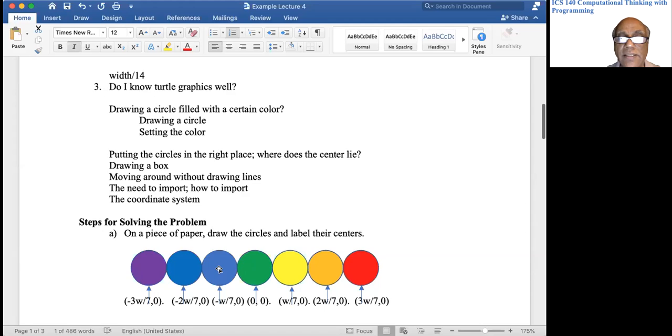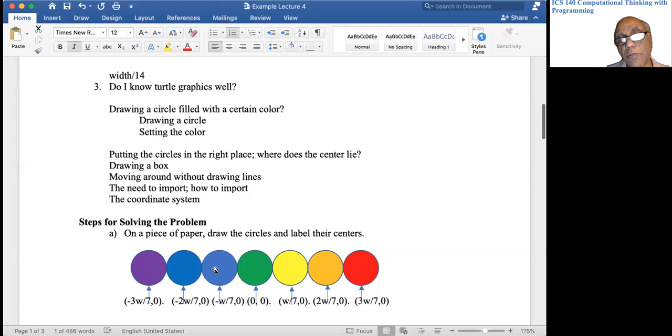Okay, then this circle here should be at x equal to minus w divided by 7, because the diameter is w divided by 7. And they are all at the same vertical distance from the origin. So all these circles have the center y coordinate at 0.